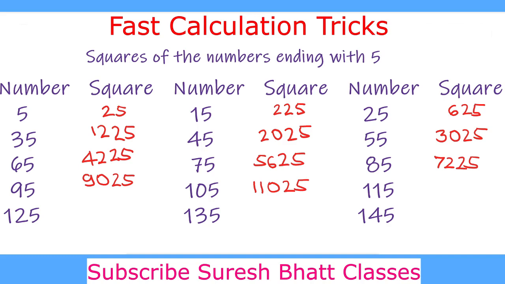Square of 115. After leaving the digit 5, the number is 11 and next higher number of 11 is 12. 12 times 11 is 132 and after 132 we have to write 25. So square of 115 is 13,225.